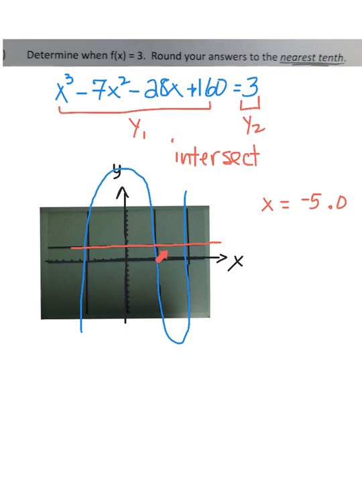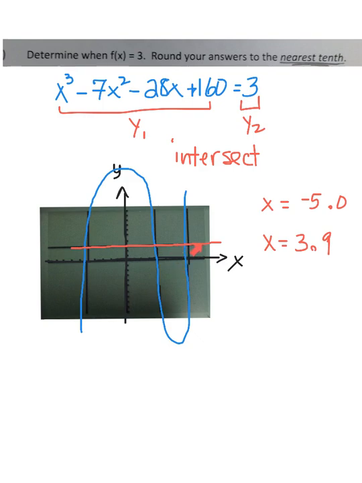Hit enter twice. And we're going to round to the nearest tenth because that's what the directions tell us we should do. So we're going to get x equals 3.9. And we do it one more time for the last intersection point, which would be right over here. So second calc or second trace, intersect, put your cursor somewhere down here, hit enter.